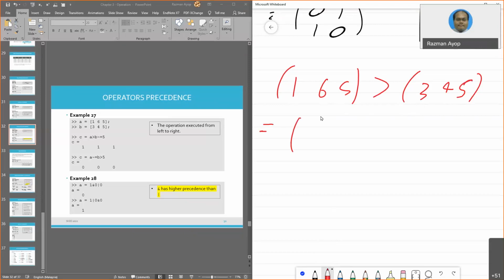Is it true or false? So this one is false. 6 is more than 4, so true. And 5 is more than 5, so this is false. 5 is not more than 5. So you get this one, and then you have to do the second part. This one, not equals to 5. So all of this is not equals to 5. So 1, 1, 1.